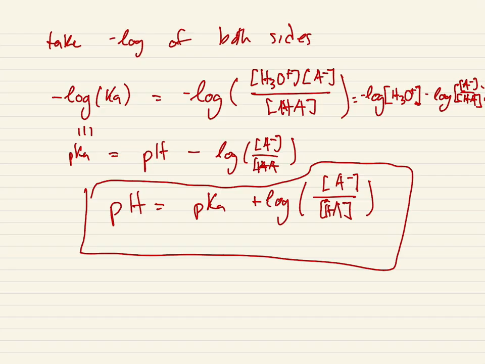So that means for a buffer system, whatever the pKa of your weak acid is, or the pKb of your weak base, that's going to give you a range for what pH range that buffer system will be effective in.